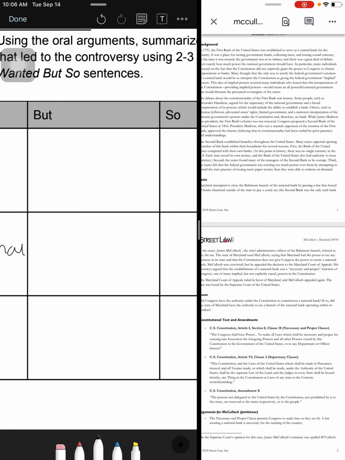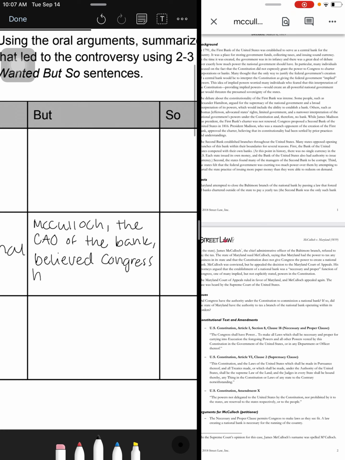So we'll say, but McCulloch, the CAO of the bank, believed Congress had the power to create the bank.